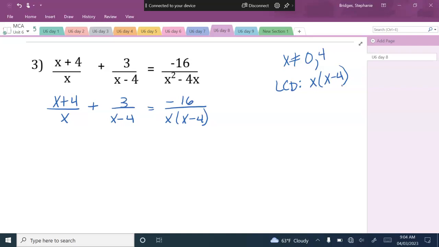So that covers everything. Now, if you haven't already, go through and multiply your entire equation by that LCD so that you can see what cancels and what you have left to multiply.